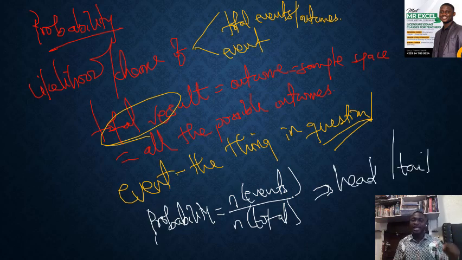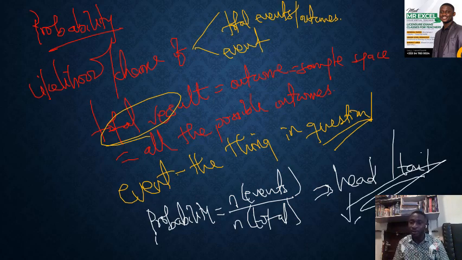So when we ask what is the probability that team A would win or would choose a head, that is now n of event. How many times can there be a head in this whole sample space? Head is appearing only once. In the same way, how many times can we find a tail? Tail is equally appearing only once.